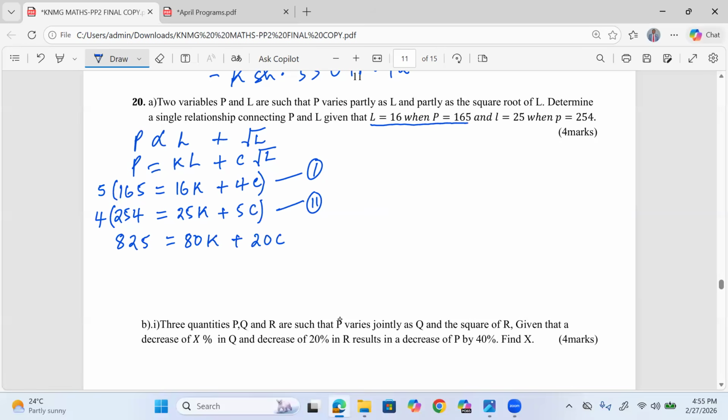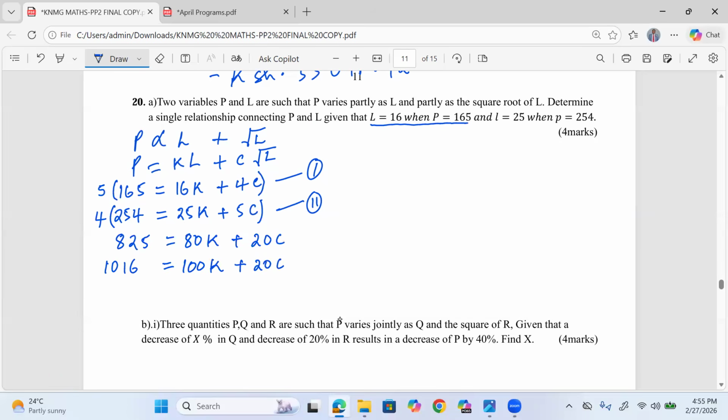20C. Then the second equation becomes 4 by 254, giving us 1016, equal to 4 by 25, which is 100, and this is 20C.